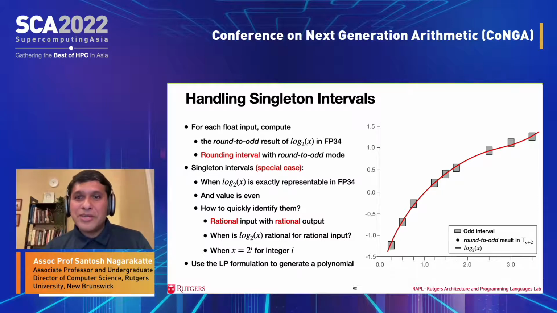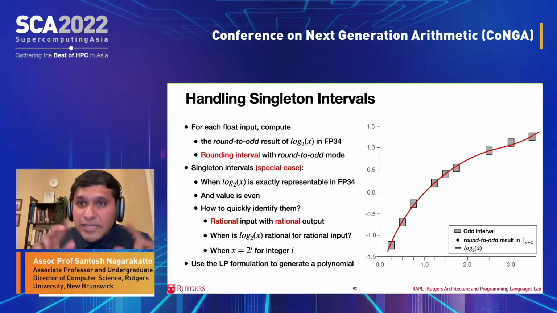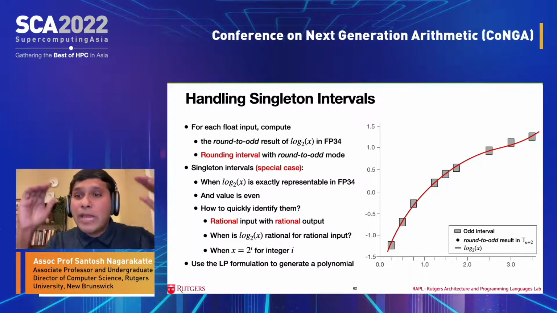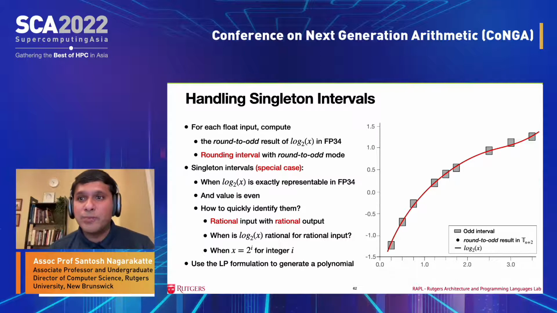And now, if you want to generate a polynomial approximation that works for multiple representations, and the biggest representation that you're looking at has n bits, create a correctly rounded library for n+2 bits with the round to odd mode. And if you use the RLIBM approach, approximating the correctly rounded result, it's straightforward out of the box.